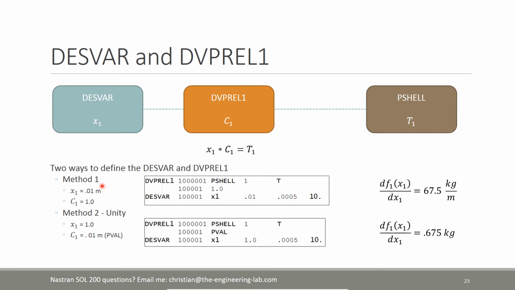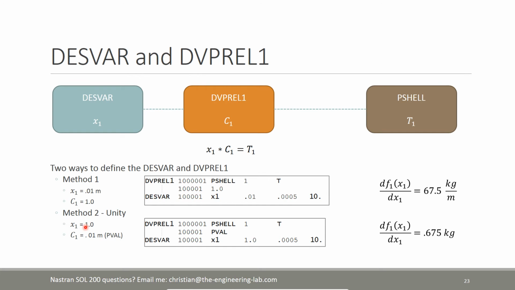Method 1 is the method we just used to calculate our absolute coefficient. Again, the DESVAR entry has the initial thickness of the PSHELL T1. It has the initial thickness of 0.01 meters. The constant term is 1. If you were to plug these two values into this expression, you get a thickness of 0.01.